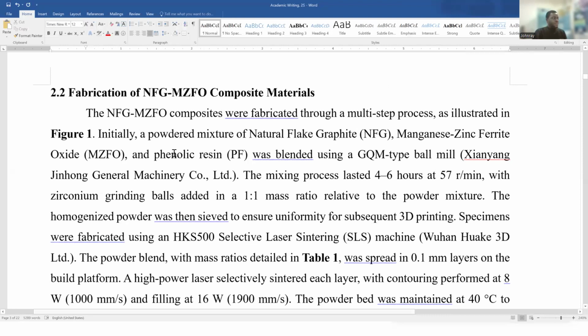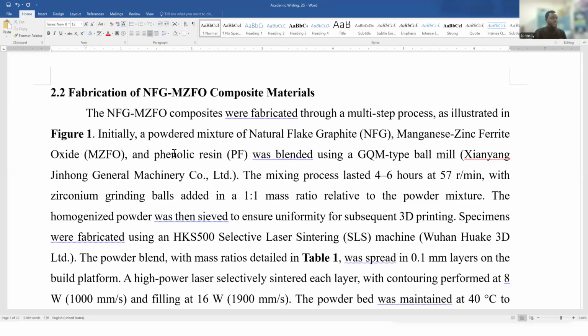Fabrication of the NFG MZFO composite materials. The NFG MZFO composites were fabricated through a multi-step process, as illustrated in Figure 1.